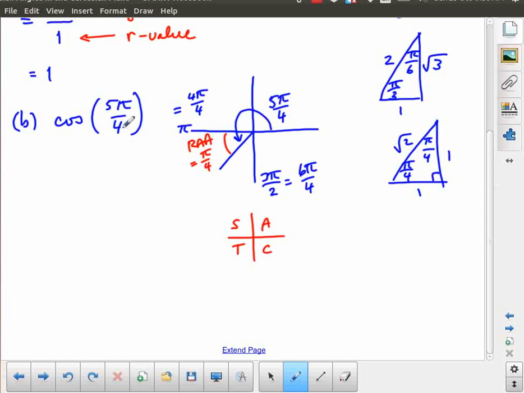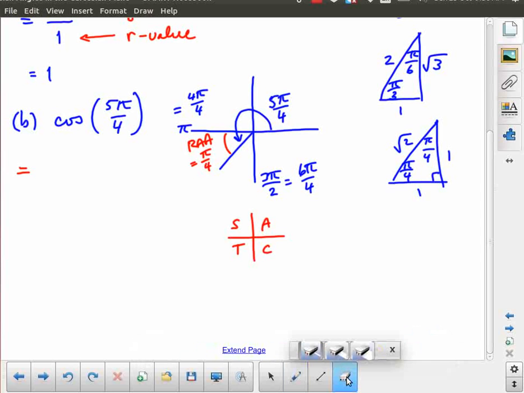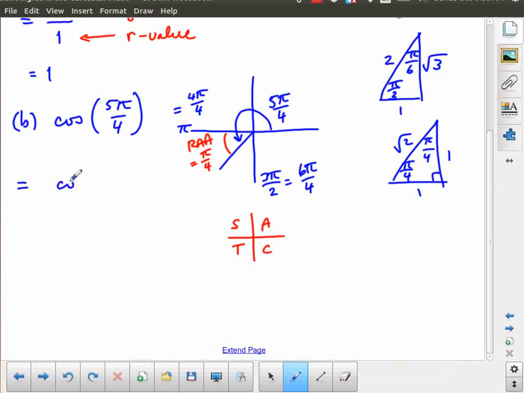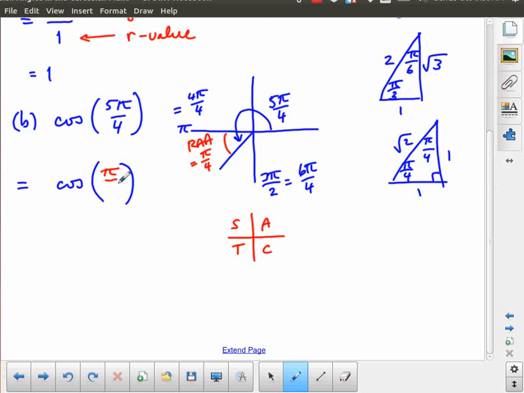Because we're about to write this equals, oh, that's not what I wanted. So we're about to write this in terms of the cosine of pi by 4, which is the related acute angle. The other thing we need to concern ourselves with is whether or not we have to change the sign. So cosine is positive in the first quadrant and fourth quadrant.